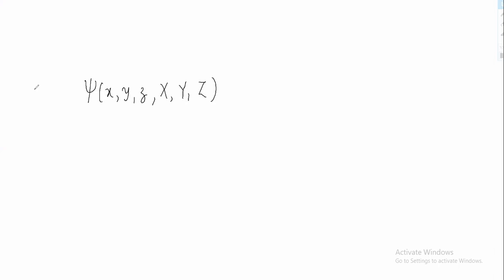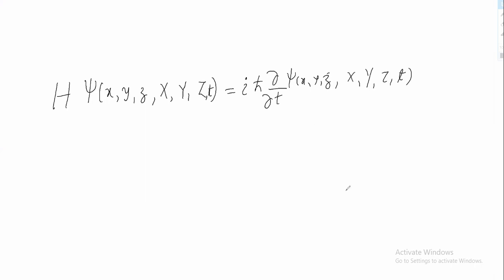Then what I am telling you, that if I am writing the Schrodinger equation, okay, let me first write this. H psi is equal to i h cross delta psi by delta t, with psi a function of x, y, z.